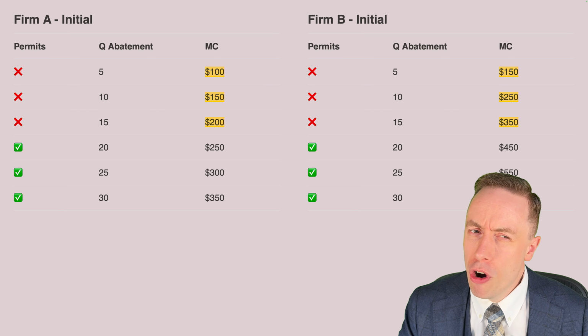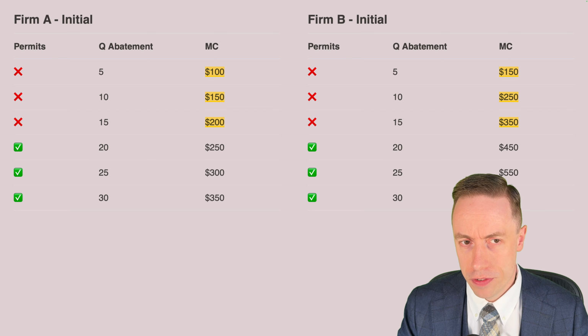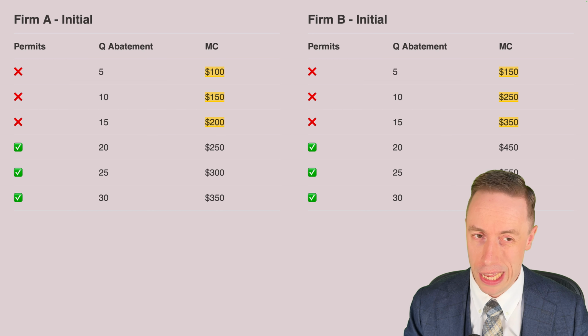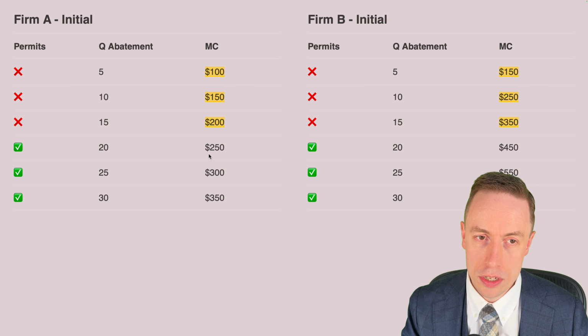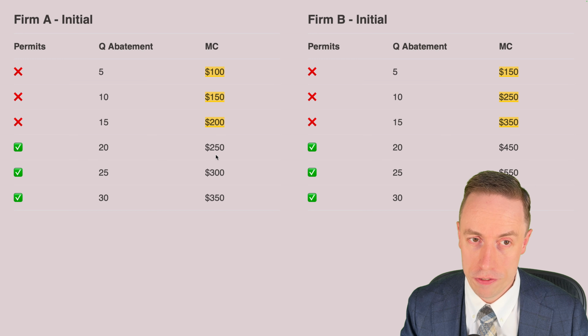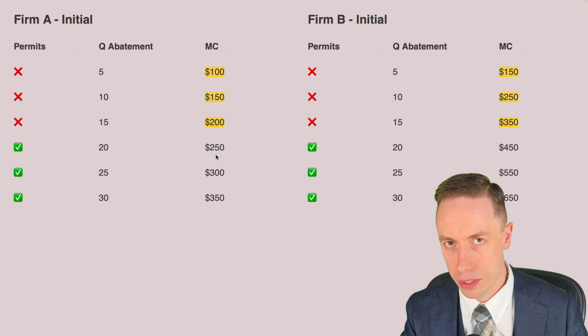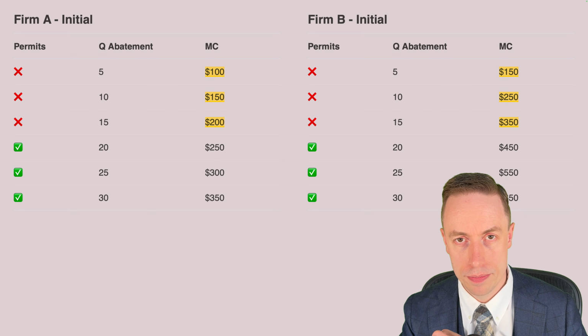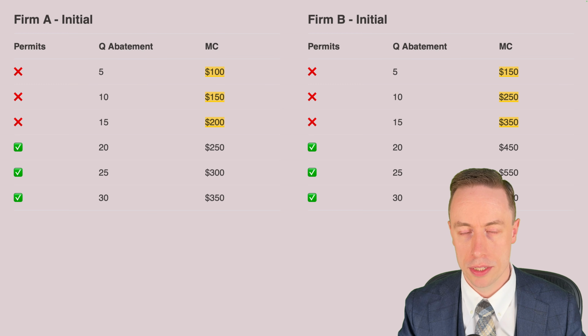But what if firm A could get more than $250 for each of those permits? Sell for more than $250, cut for $250 because now you don't have the permits anymore, pocket the difference. You're making a profit. Let's look at firm B, the high cost cutter.